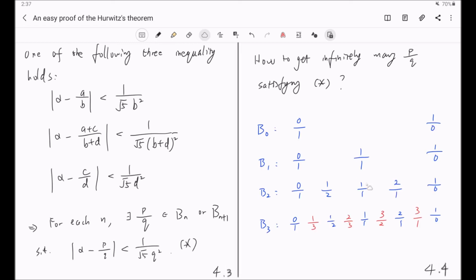So recall this is a table for the Broca series, and our alpha always lies between two adjacent pairs in the Broca series in each level. As the level gets bigger, the Broca series will get finer and finer.